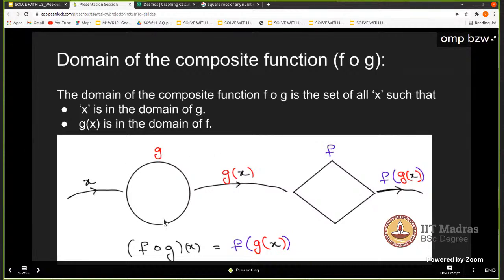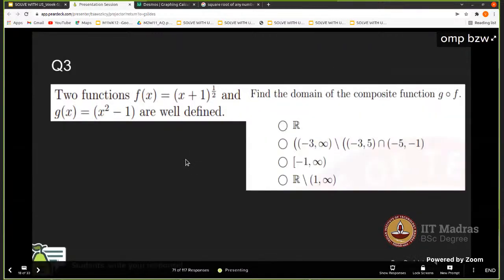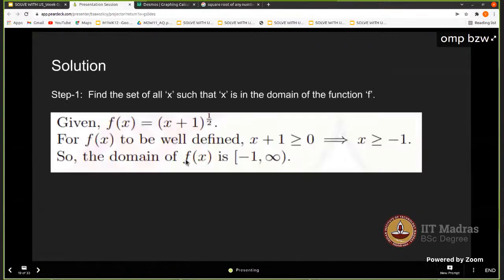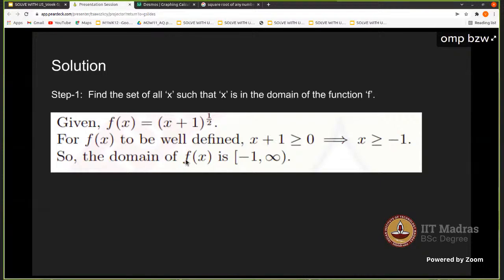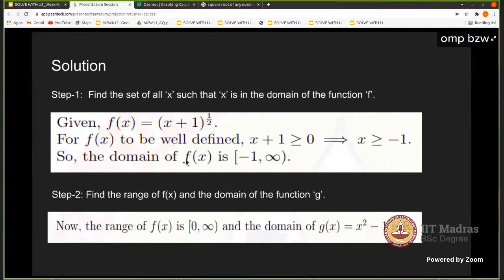So the first function has domain -1 to infinity. So x can take only values from -1 to infinity. Taking those values, they will go into the function f of x, and the output will be 0 to infinity.